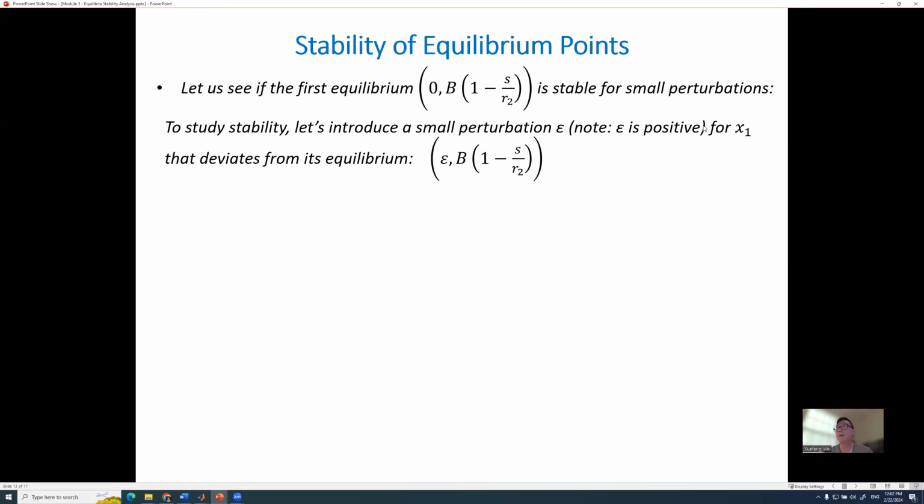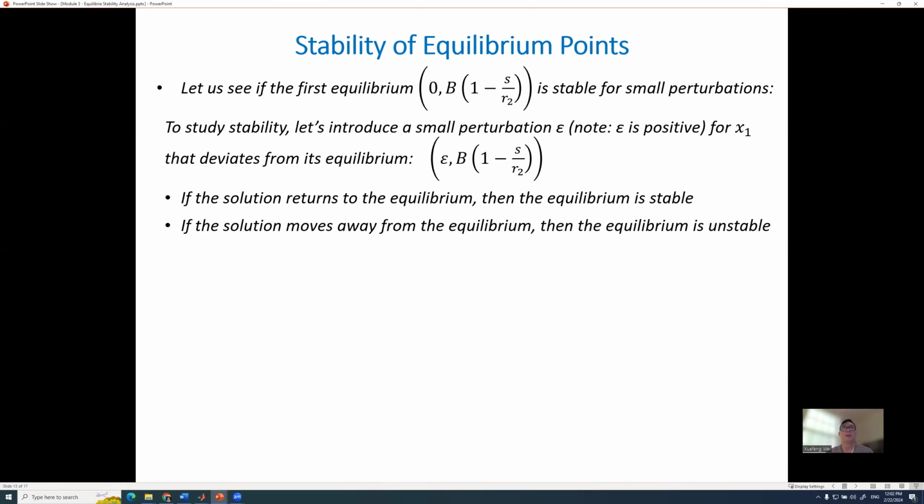Epsilon is positive for X1, which means we'll put a small amount of healthy cells into the organ to see whether the physiological process leads to a solution that is attracted back to the equilibrium or moves away from the equilibrium.